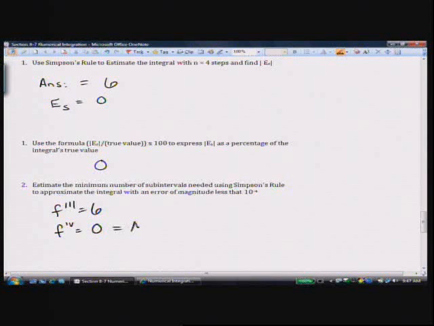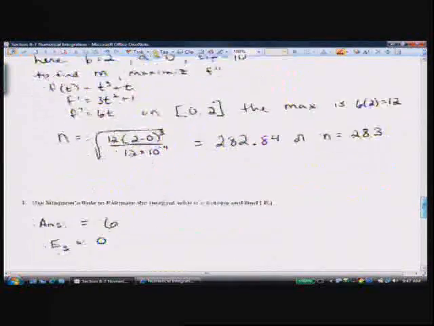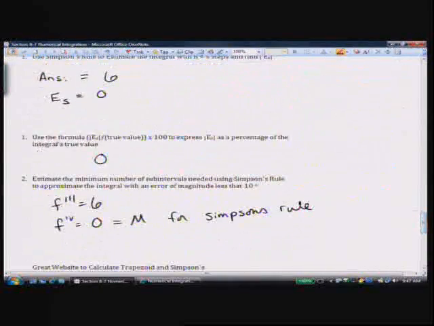So this is equal to m for Simpson's Rule. So we could use this formula. Well, I mean, it doesn't make sense for n to be 0 because then you wouldn't be using Simpson's Rule. So when you get a fourth derivative of 0, then n can just be 2. So n can equal 2 because it must be even.